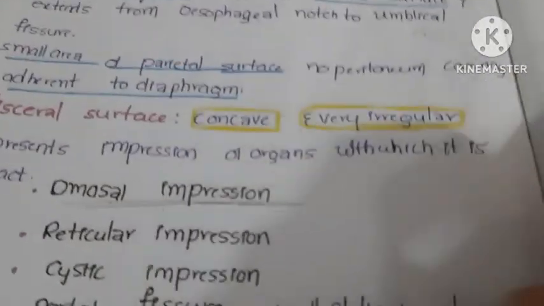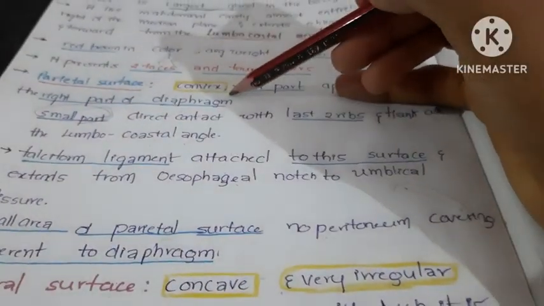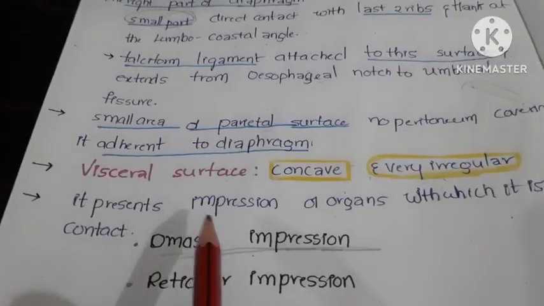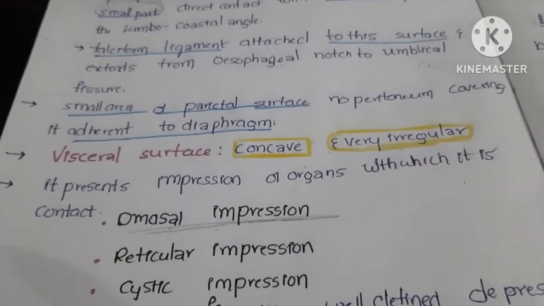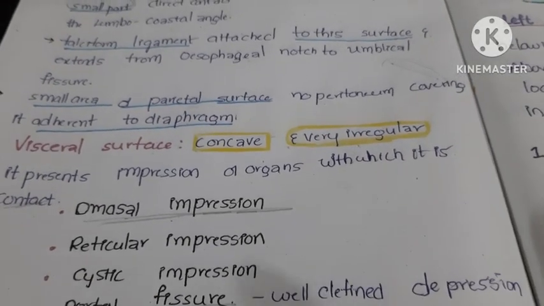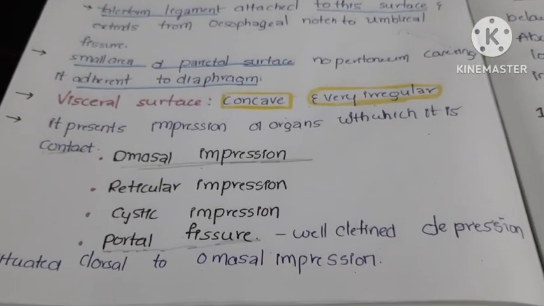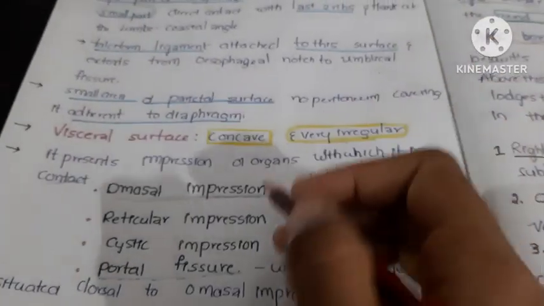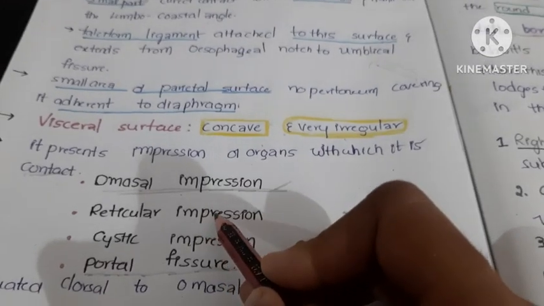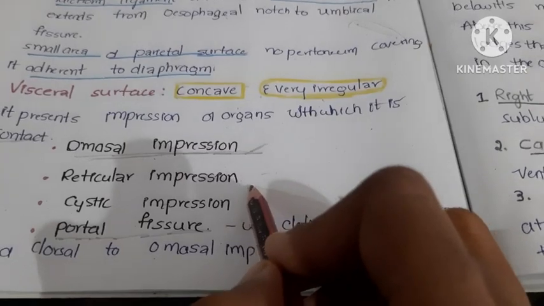Now let's discuss the visceral surface. The visceral surface is concave, and the parietal surface is convex. It is very irregular, and it presents the impressions of the organs with which it has contact. The first is the omasal impression, then the reticular impression, and the cystic impression for the cystic bile duct.